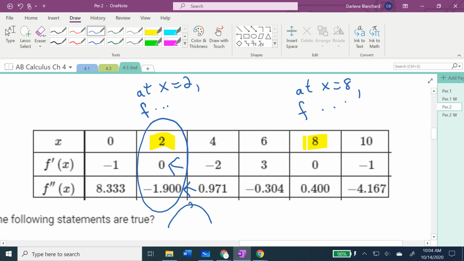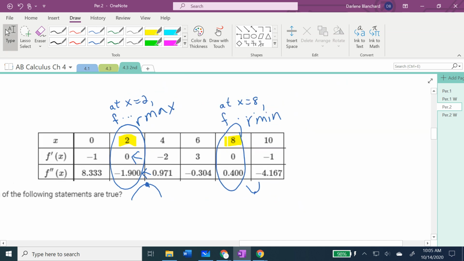Concave down, 0 slope, relative maximum. At 8, what's happening with 8? You have a concave up with a 0 slope, relative minimum.